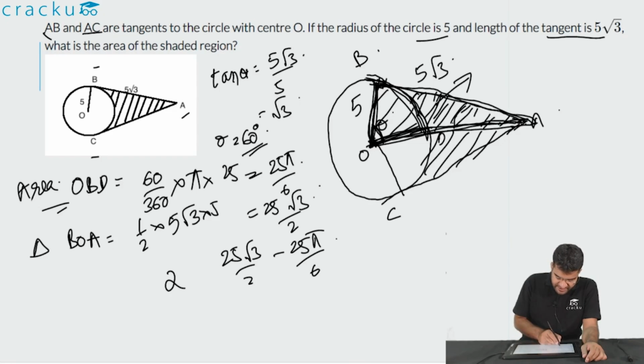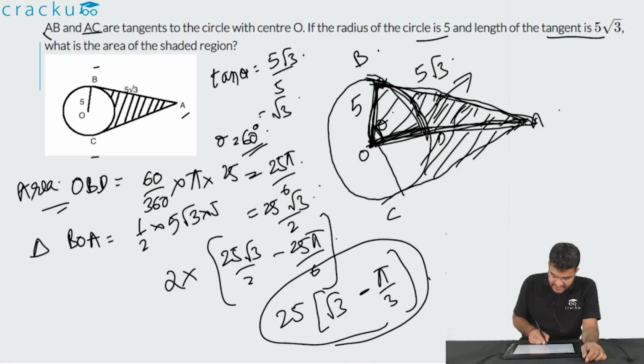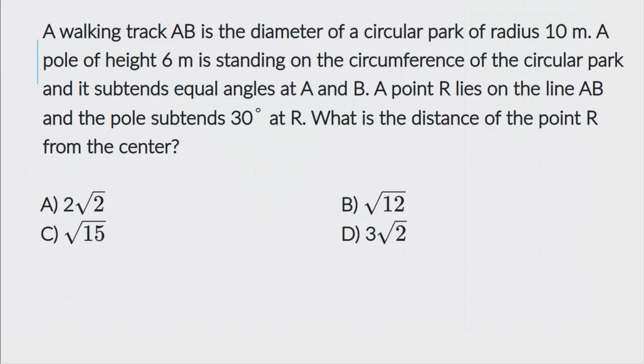So if you are multiplying it by 2, this will be the final answer. If you simplify this by taking 25 common, this will be 25 into root 3 minus pi by 3. This is the answer. Once you get the angle of BOA correct, which is equal to 60 degrees, everything else will fall into place quite easily.